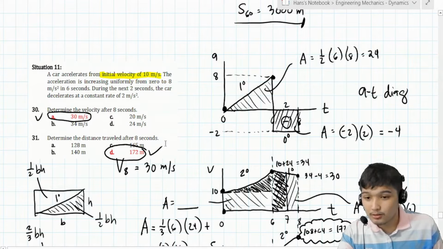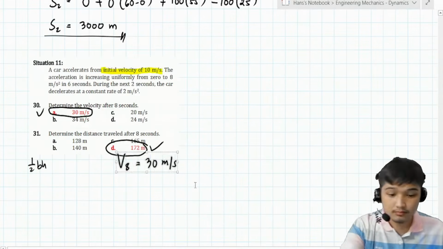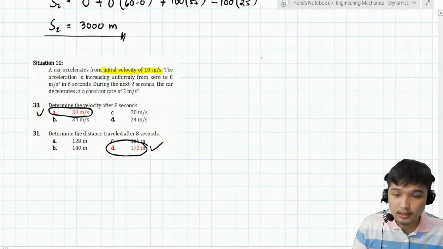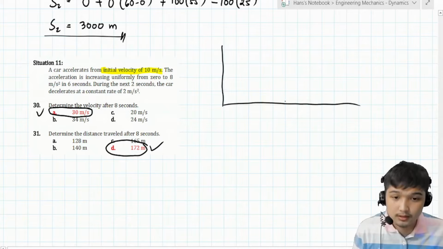Okay, so copy ko lang muna siguro, guys. Okay, and then let us just redraw. So, let's say for example, ito yung 6. Ito yung 8.